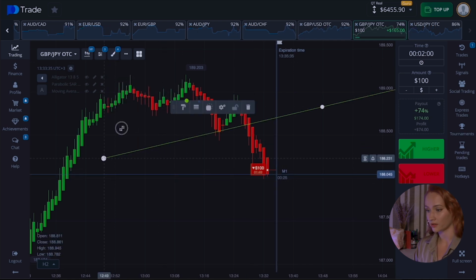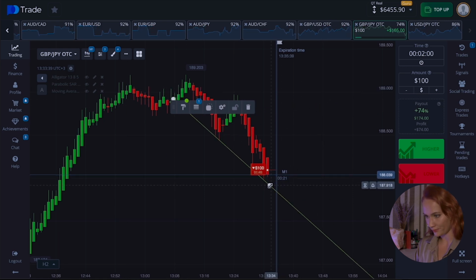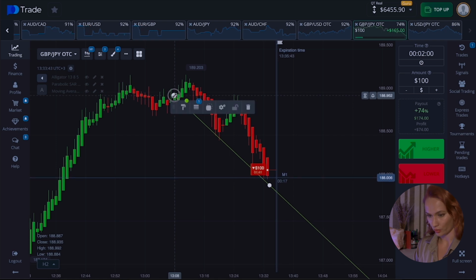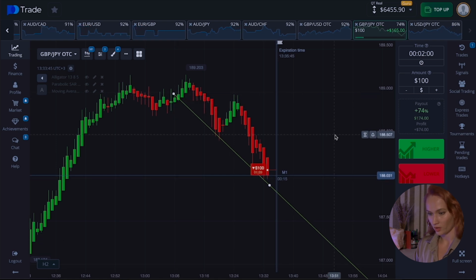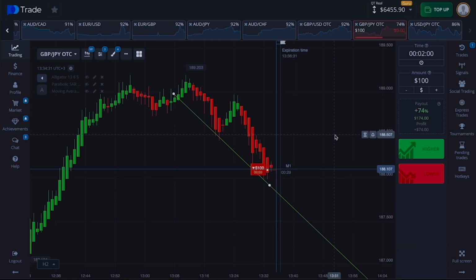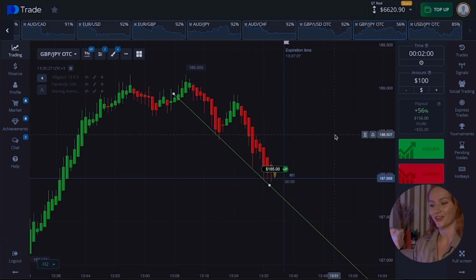We can clearly see a downtrend, so let's build it. So that's why we opened a sell deal for 2 minutes. Yep, and just like that, another profitable deal for today.